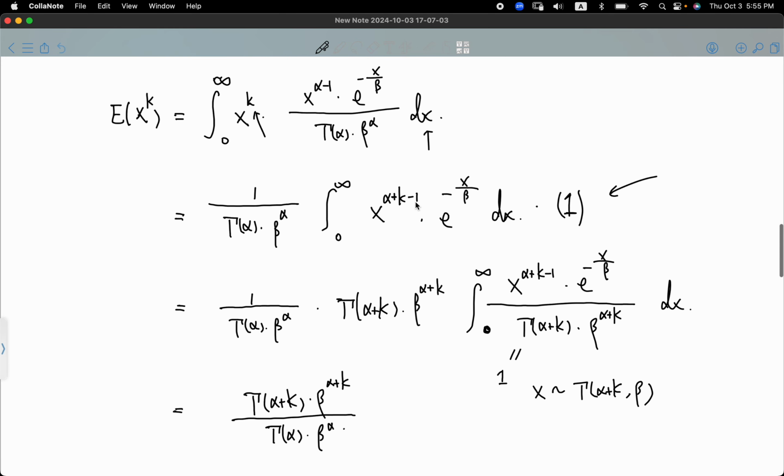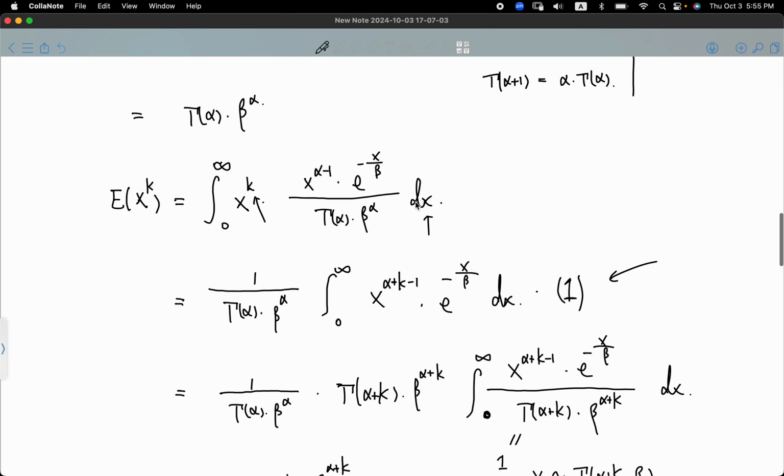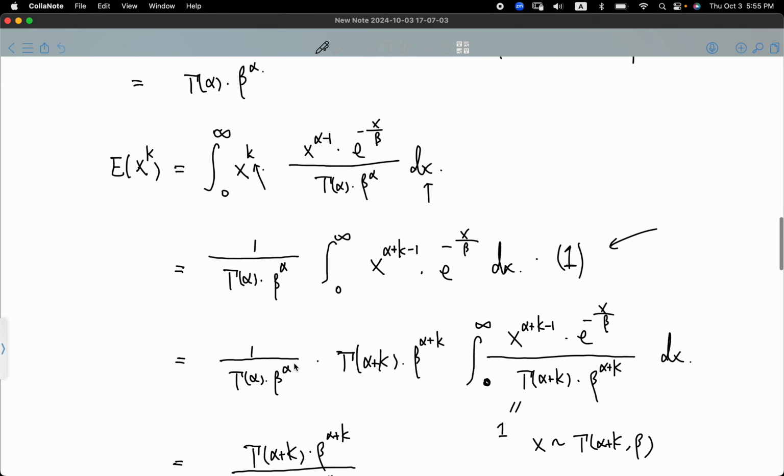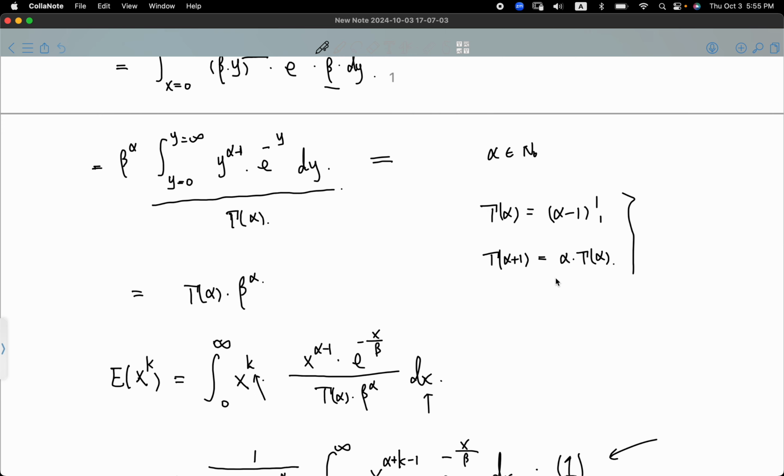One thing in your homework is that you only want to evaluate the first moment and the second moment, so you will have k equal to 1 or 2. For that case, you can use this property here. This is essentially like alpha plus k, where k equal to 1.